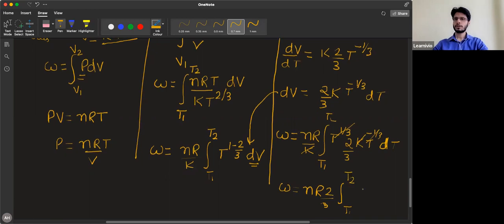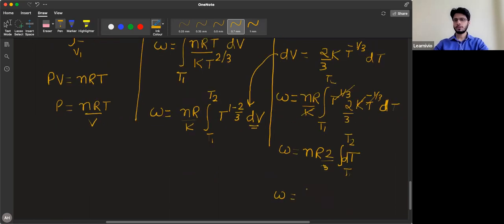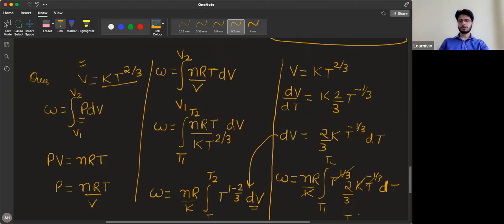The integral of dT is T. So your work done will be 2 by 3 nR times T2 minus T1, and this T2 minus T1 is given in the question, it's 90 Kelvin. So this is how you will calculate work done if the equation does not match with any of the standard processes. Please note it down.